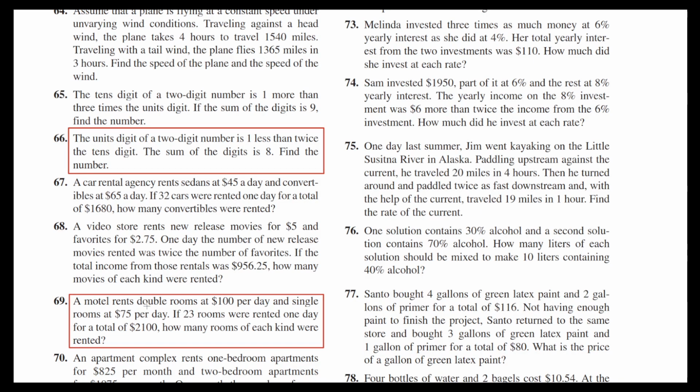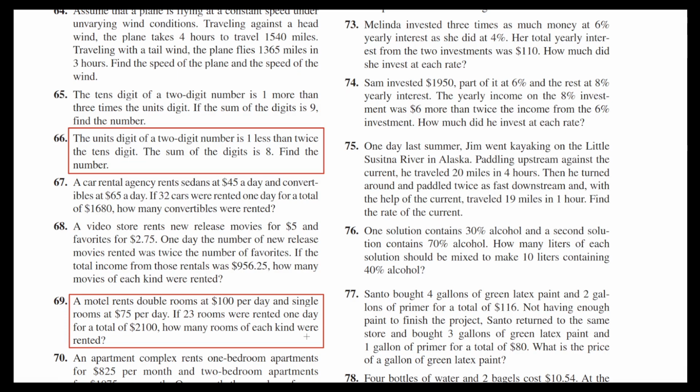A motel rents double rooms at $100 per day, and single rooms at $75 per day. If 23 rooms were rented one day for a total of $2,100, how many rooms of each kind were rented?